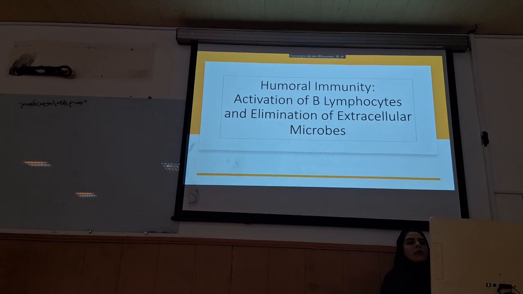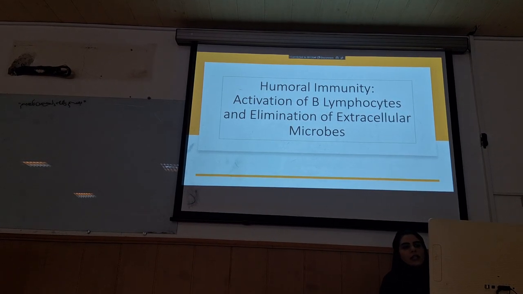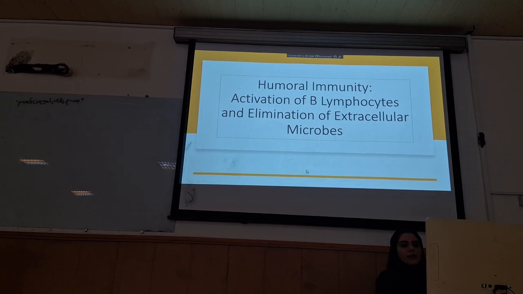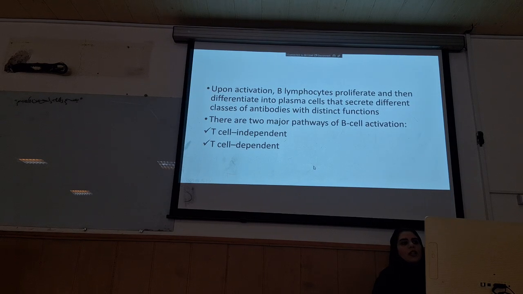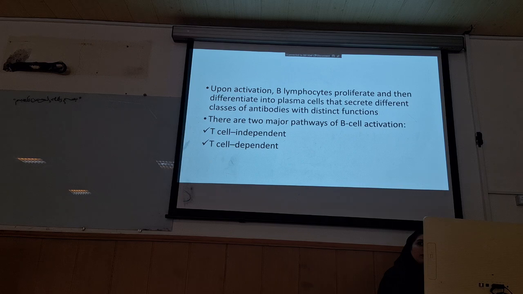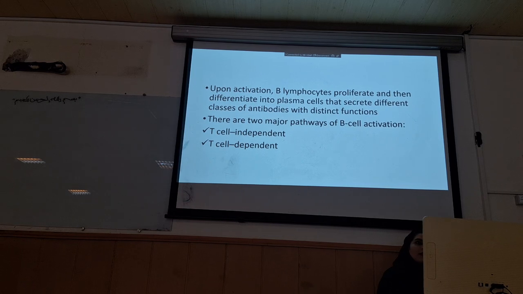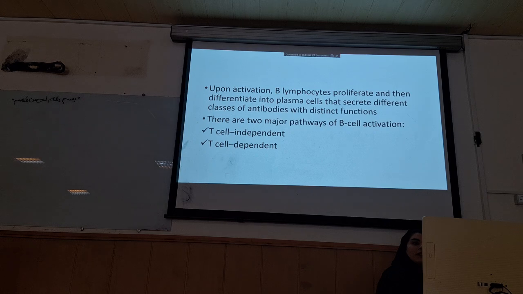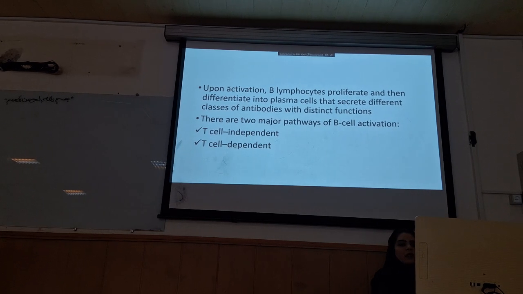We want to speak about humoral immunity and activation of the lymphocytes. We have two major pathways of B cell activation. In one pathway, the B cell needs T cells for activation, and in the other pathway, it's T cell independent activation of B cells.